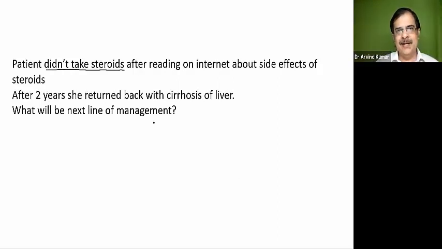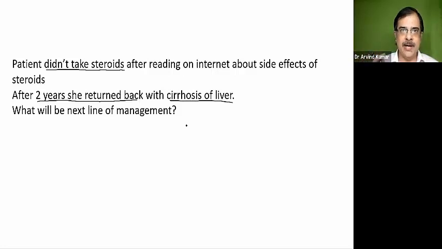This female didn't take the steroids as prescribed because she read the side effects of the steroid on the internet, that it causes a black fungus which can invade the eyes and the brain. After reading on the internet, a typical patient of WhatsApp university and social media university, she didn't take the steroid, and after 2 years she returned with cirrhosis of the liver.